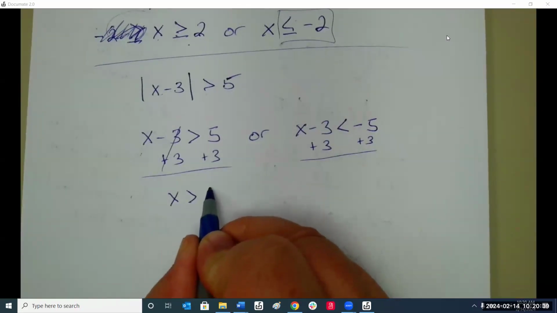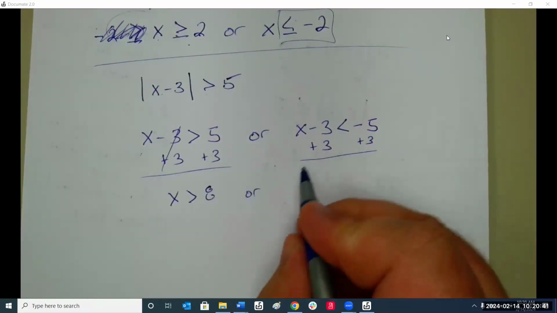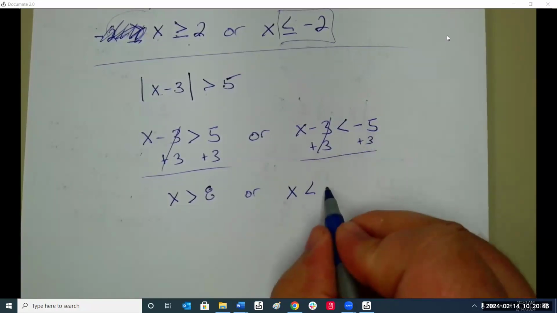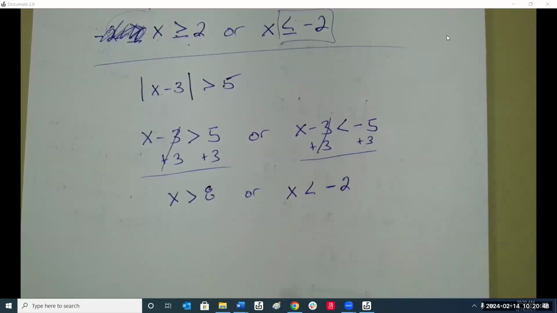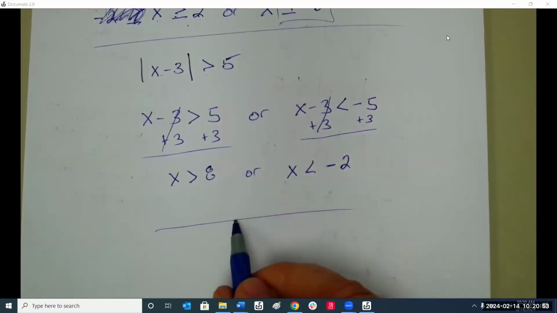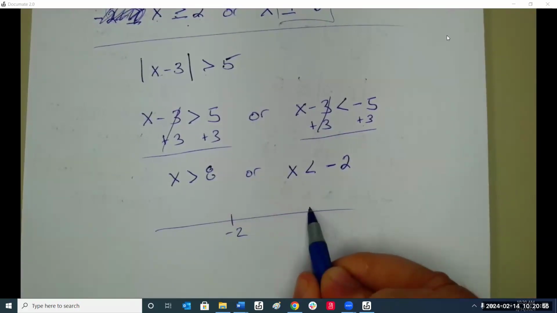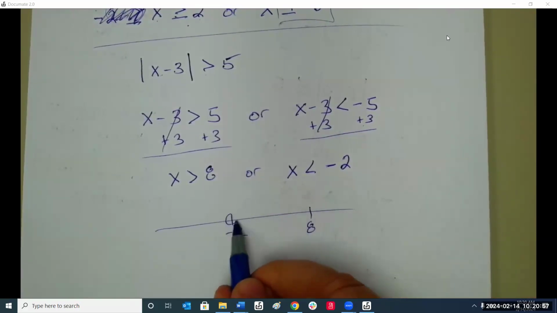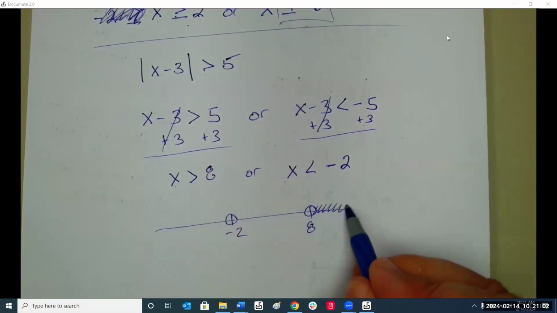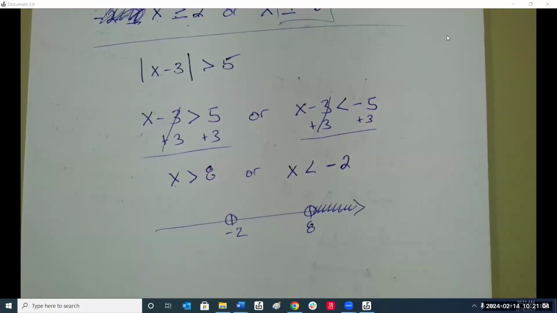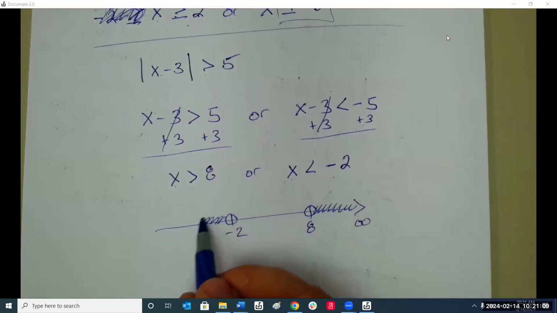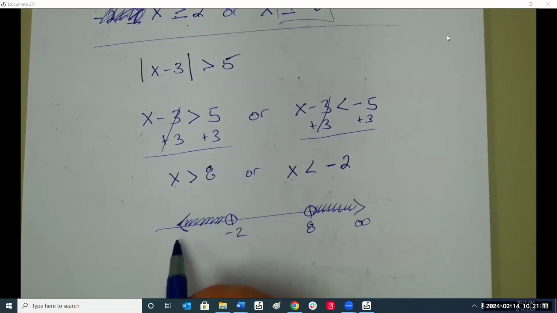X is greater than 8, or x is less than negative 5 minus 3, which is negative 2. They're both open. X is greater than 8 goes that way. X is less than negative 2 goes that way.